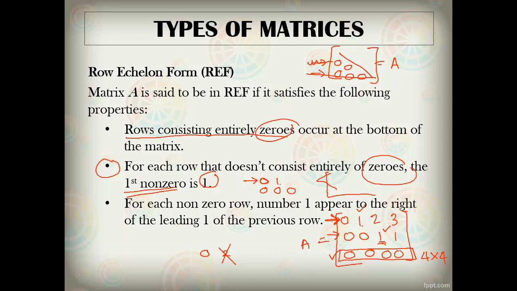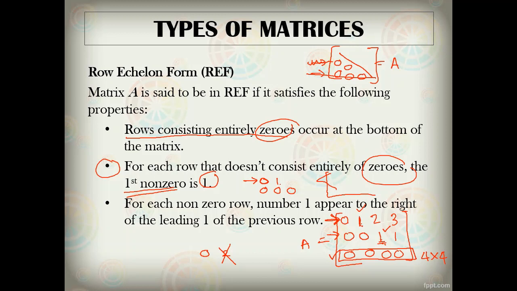If the 1 of the previous row is here, then in the next row, the 1 must appear to the right. So the next row, number 1 must start here.